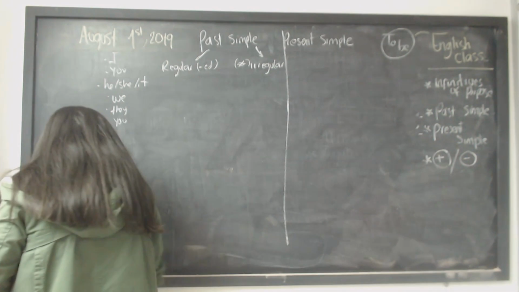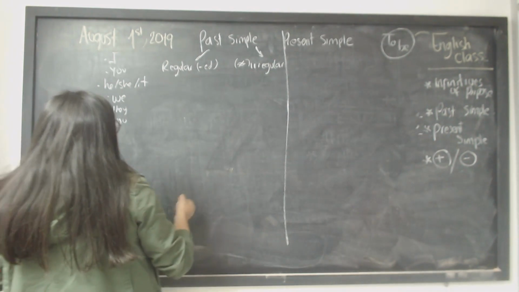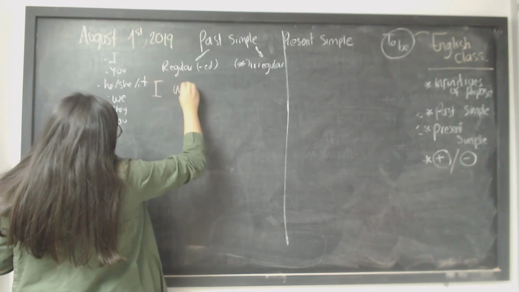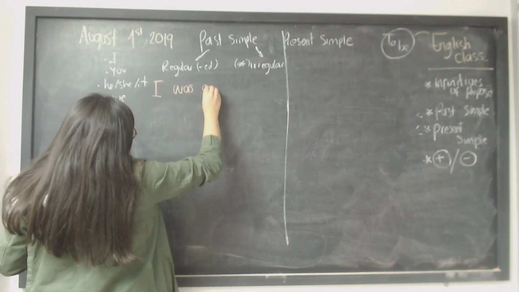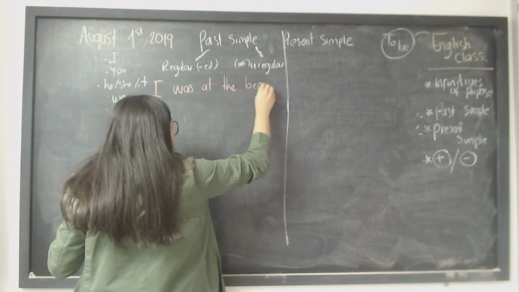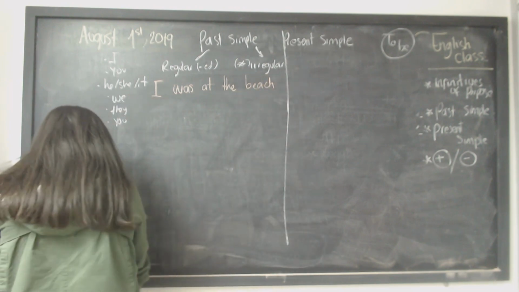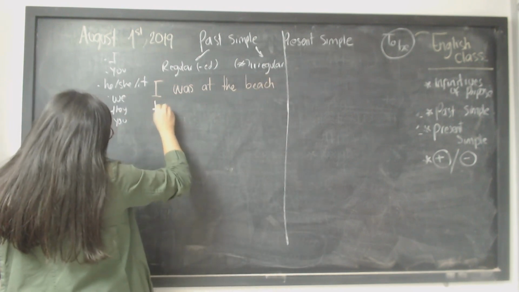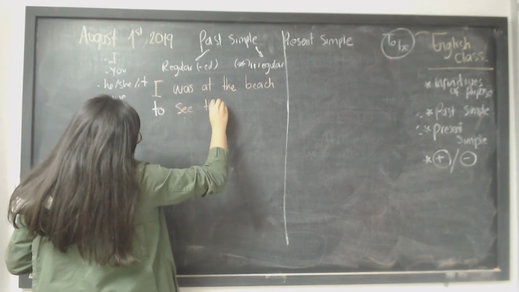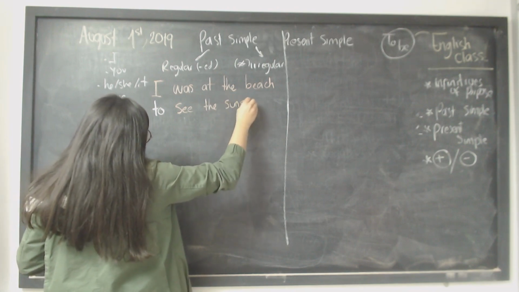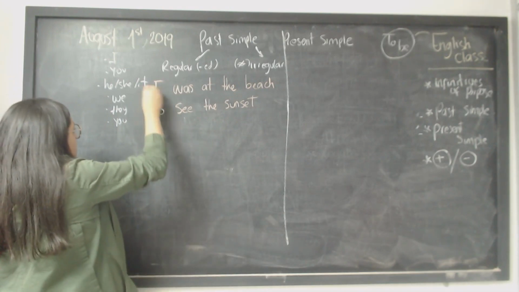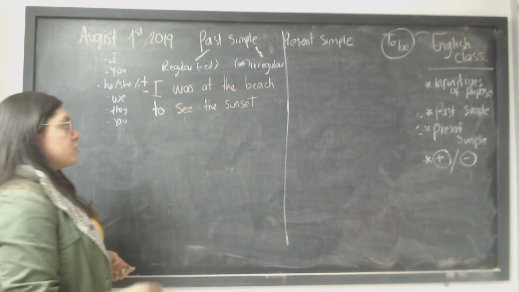So, for example, I have this sentence, tengo esta oración. So I said, I was at the beach to see the sunset.